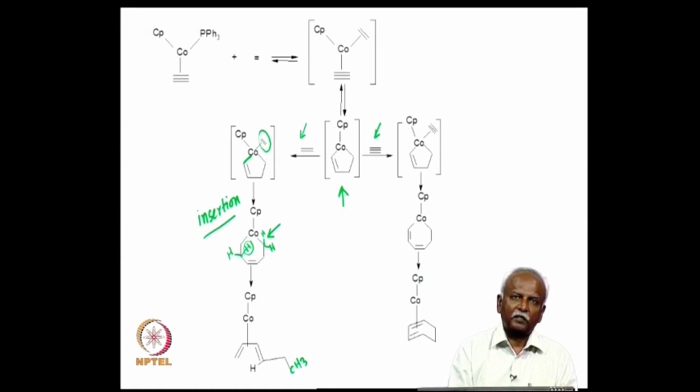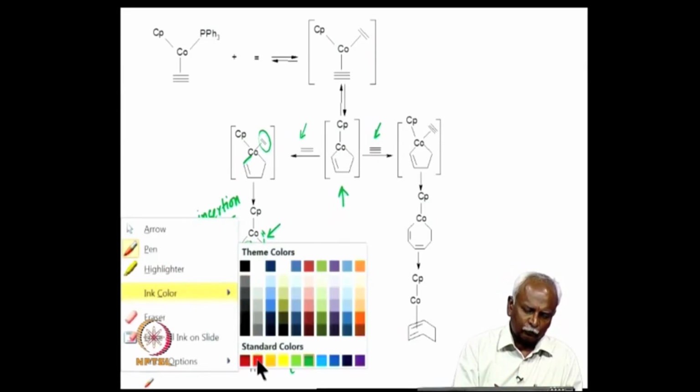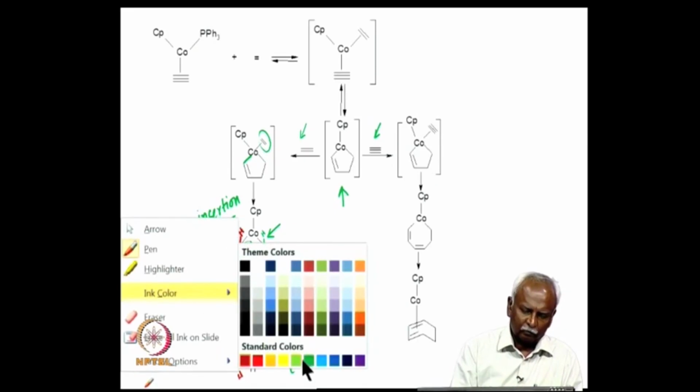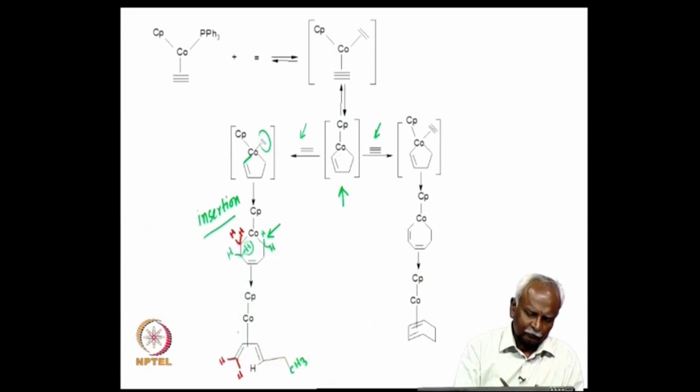So, that it forms a CH3, and the CH2, which we will mark with a different color, so that it is easy to follow. So, this CH2 group is what we have here. This is the CH2 group, and the CH, which we had marked in green, is right here.